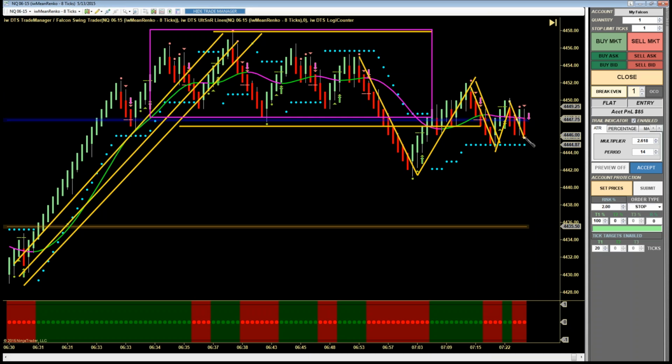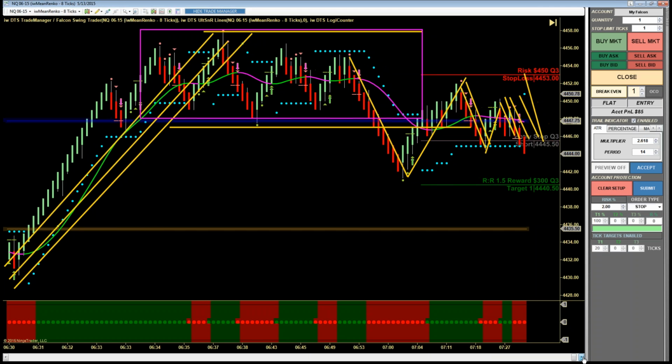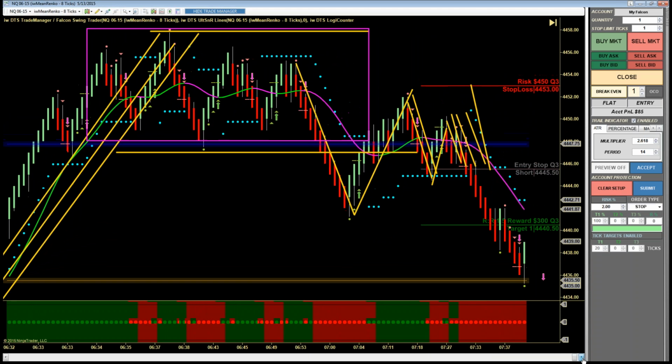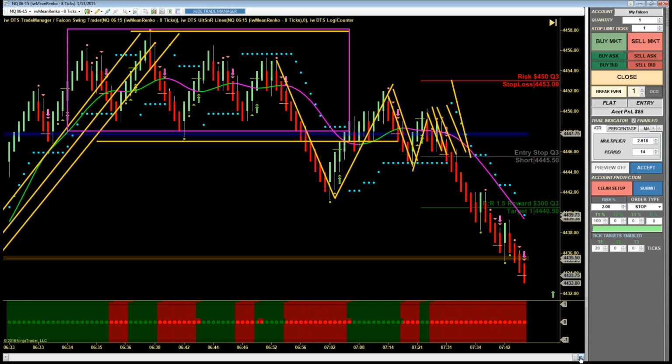And sellers say, oh, no, you don't. And they jump on them, and DTS produces a sell signal, which we can set up to take, maybe cover it like this, and down they go. Once again, we got a little past our high probability target on that one.